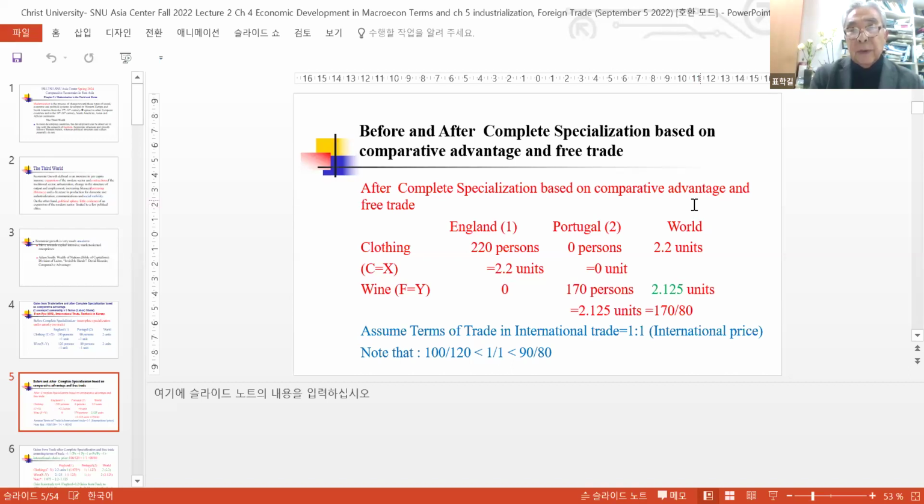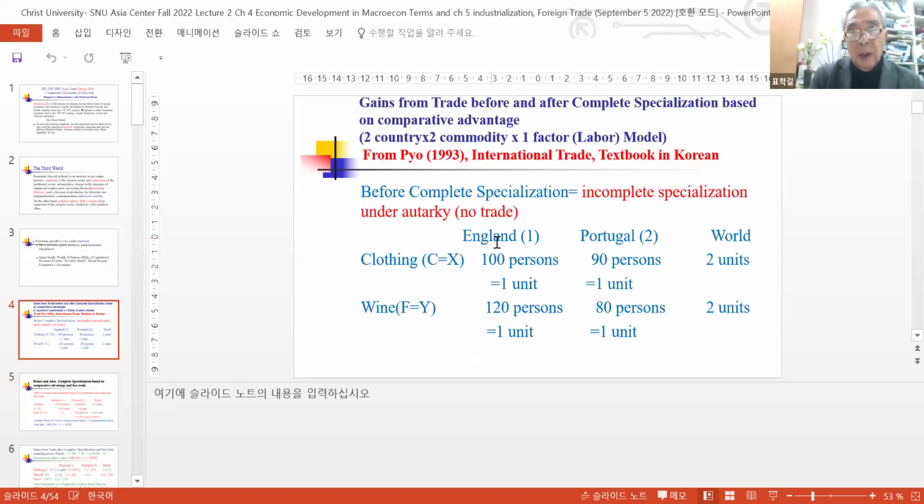Okay, comparative advantage means for England, to produce 1 unit of clothing, 100 persons are required. But to produce wine, 120 persons are required. 100 divided by 120 can be regarded as the opportunity cost of producing clothing.